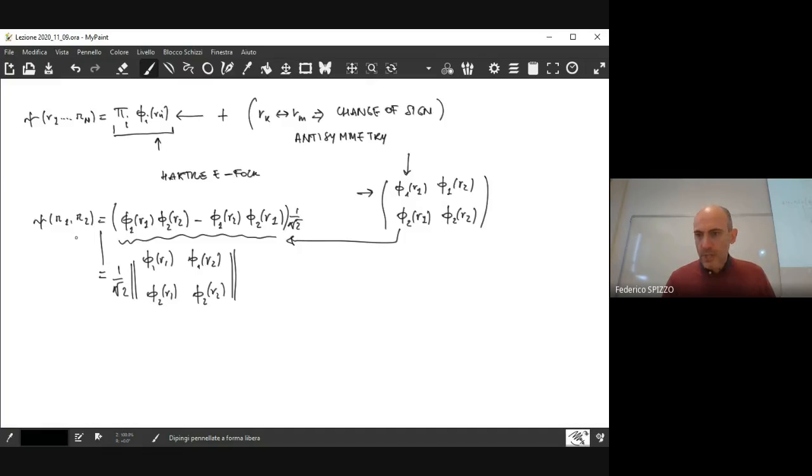So if we suppose just to have two electrons in the system, then a possible good choice for the electronic wave function that describes those two electrons and also includes the antisymmetry that we expect the two electron wave function should have, is to refer to this determinant. And this determinant is called Slater determinant.